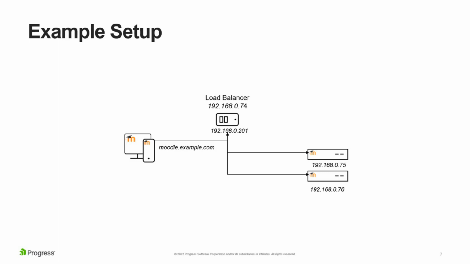We will deliver Moodle services on the URL moodle.example.com, which will point to the .201 address on the load balancer. The load balancer, you may notice, also has a management address on .74. The Moodle servers are on the .75 and .76 IP addresses.